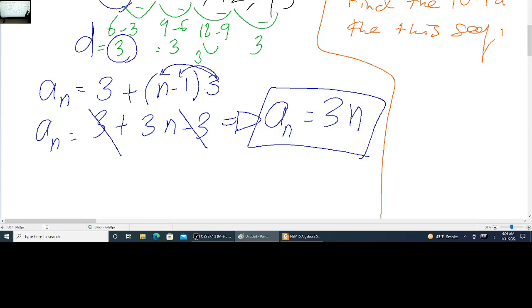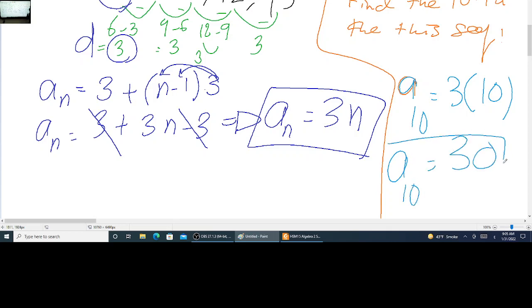The 10th term of this sequence is a10, which is 3 times 10. So the 10th term of this sequence is 30.